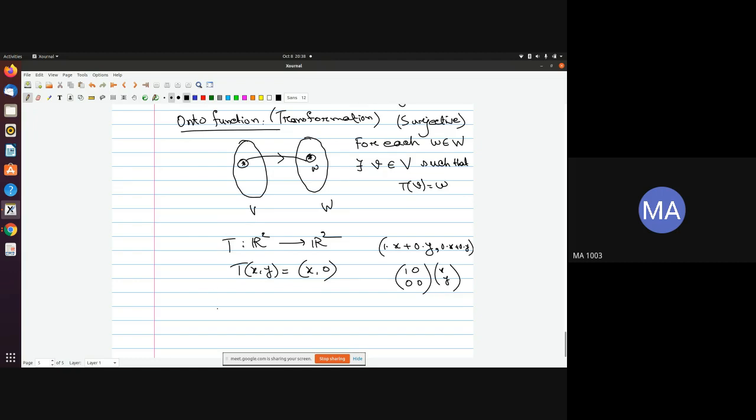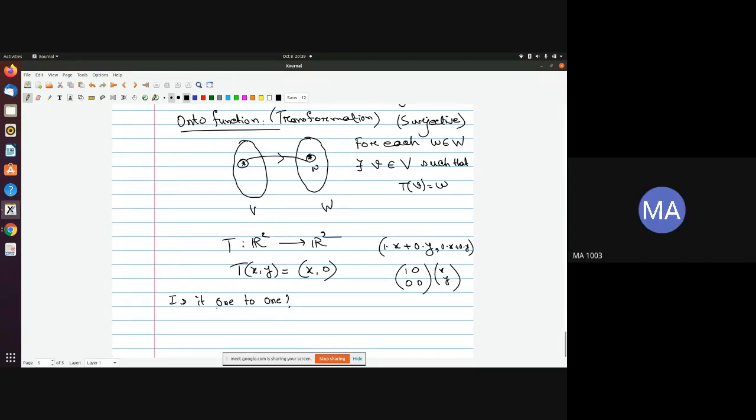Now the first question: is it one-to-one? Does there exist two elements which are going to the same element? Yes, sir. Can you give me an example? (1, 1) and (1, 2). Correct.